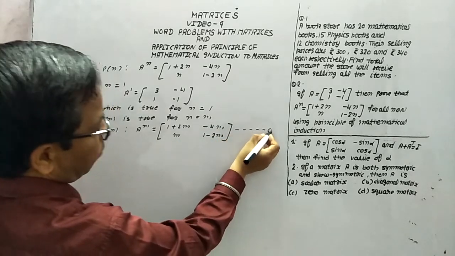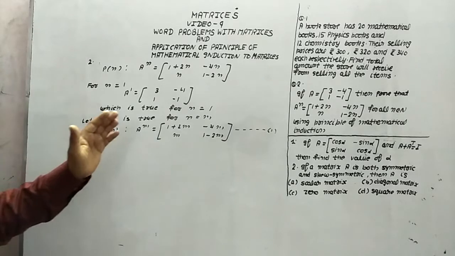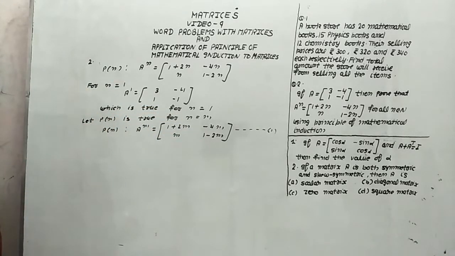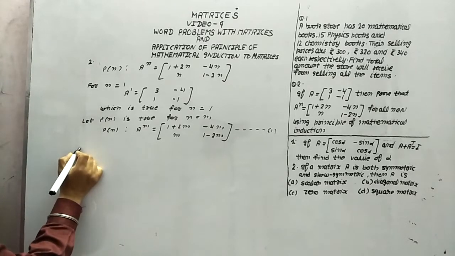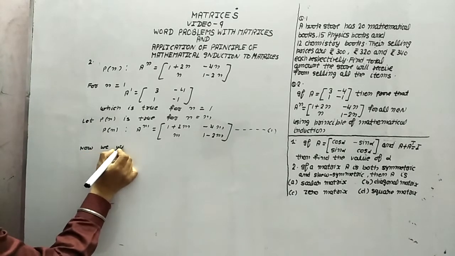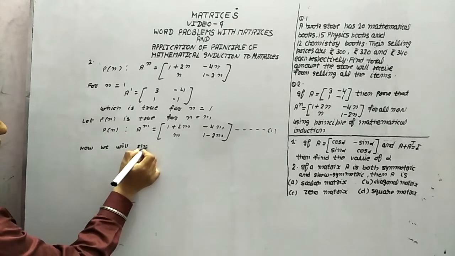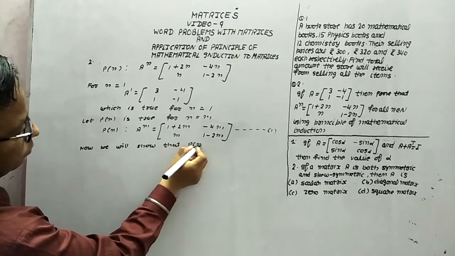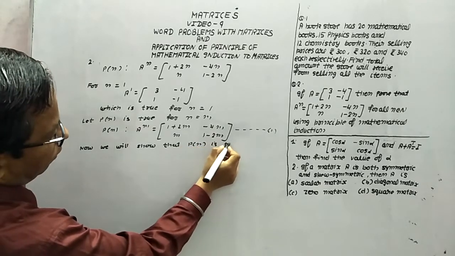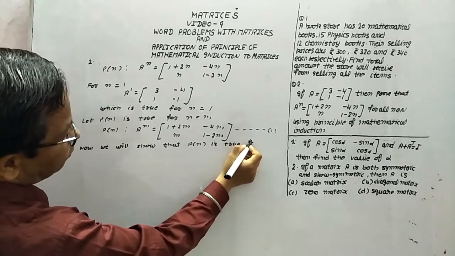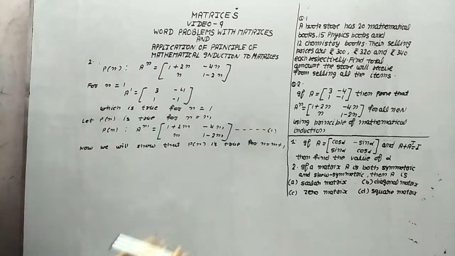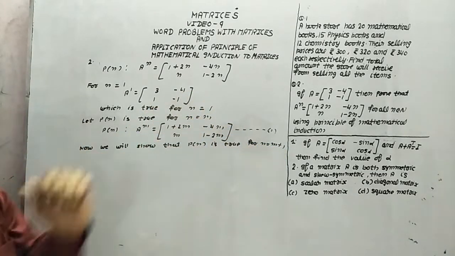This is equation number 1. Now we will show that P(n) is true for n equals m plus 1. And to prove that, we can use equation number 1.